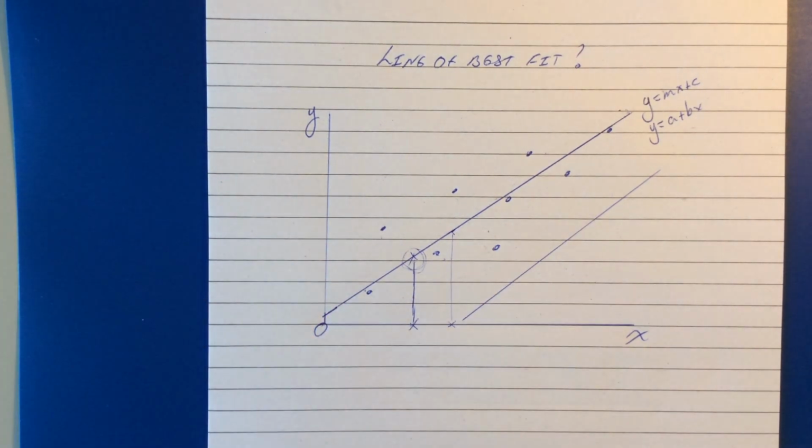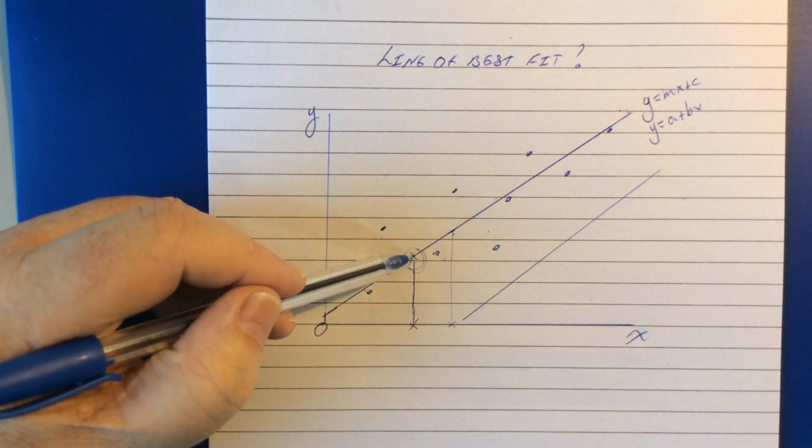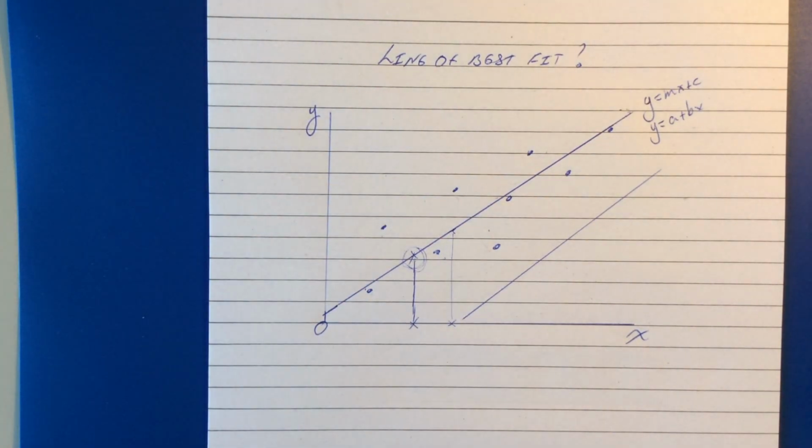How good that fit is, or how good that line is at predicting what, for instance, a value we don't know will be, is the subject of another video, and that comes down to things like correlation coefficients, Pearson's correlation coefficient, which you sometimes hear called R, and of course R squared. But those are subjects for another video.